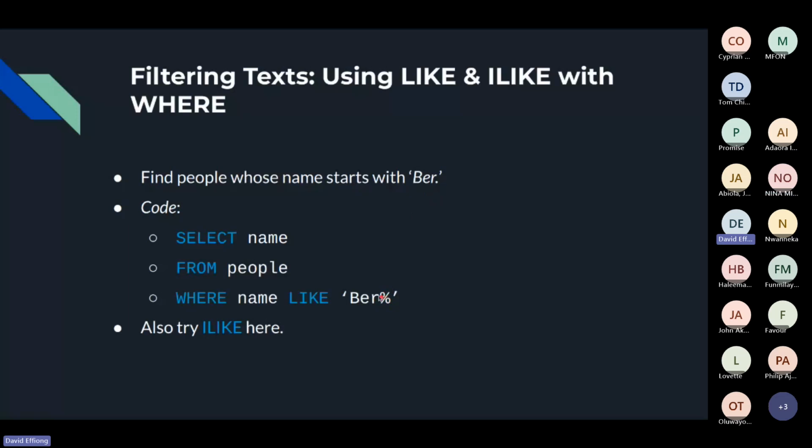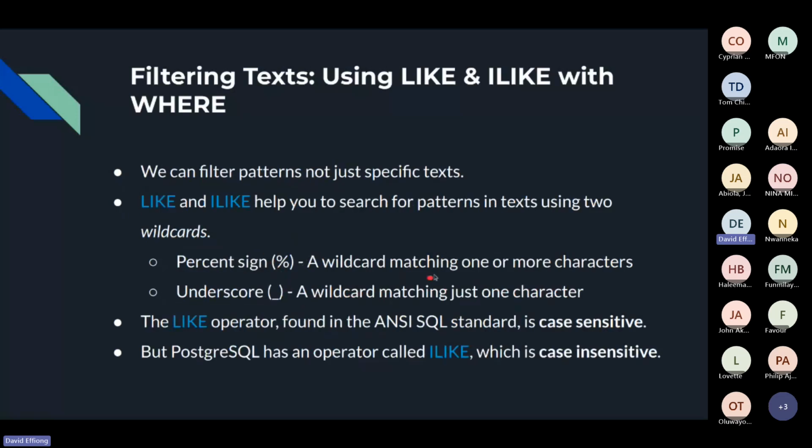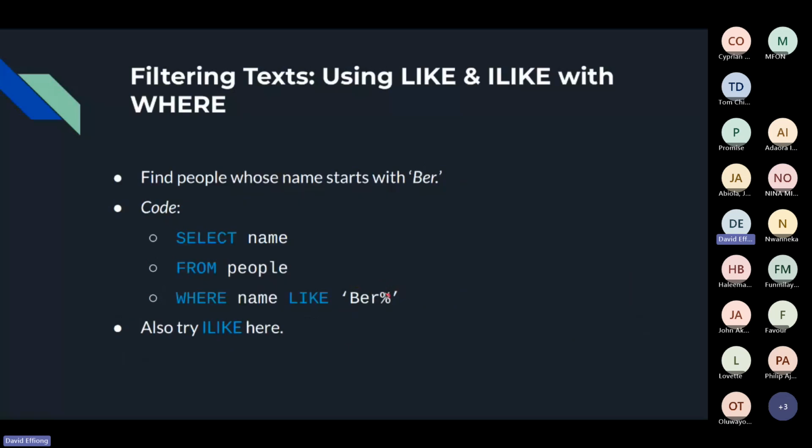This percentage sign means that any number of characters can come after the BER: Bernard, Bennys, you don't care about the other characters. There can be one or more characters at the end, but your interest is just in B, E and R. Let it start with BER, then you use the percentage sign. I said the percentage sign matches one or more characters. So whether you have one character, or three characters, or ten characters after the BER, you don't care. Your whole goal is just to find the names that start with BER.